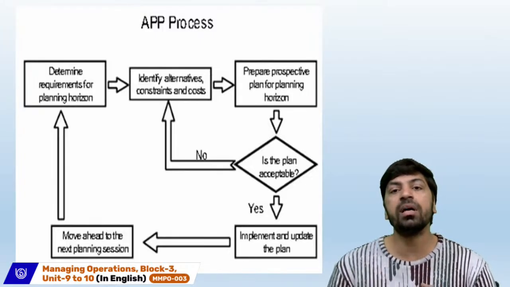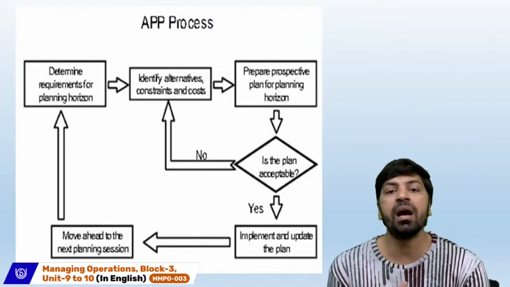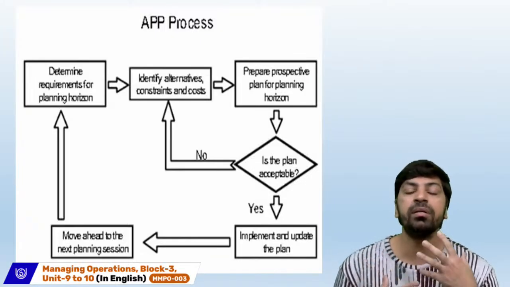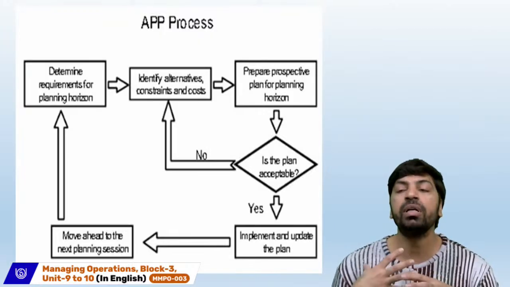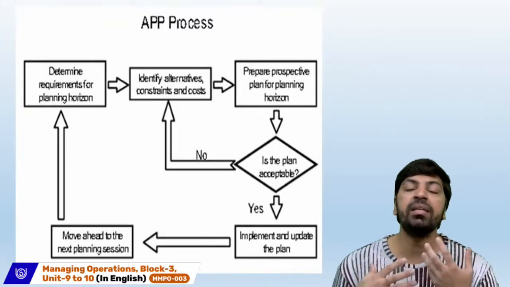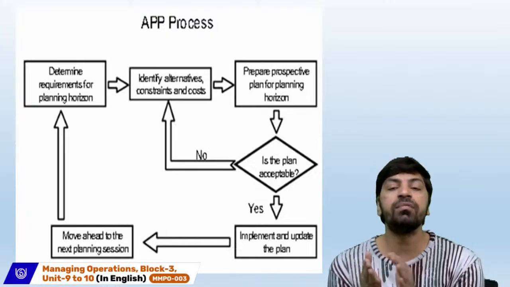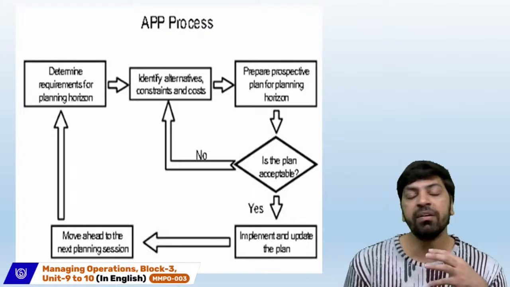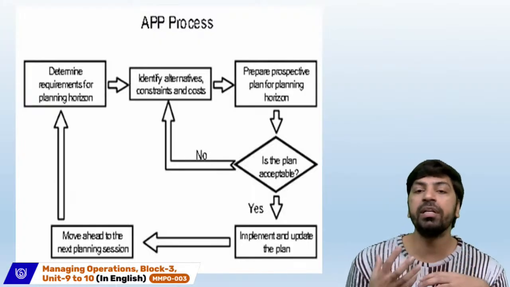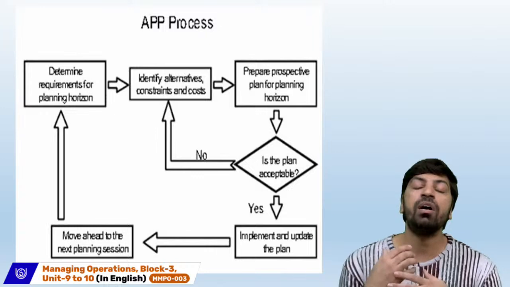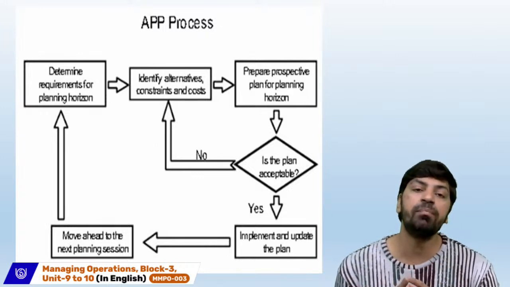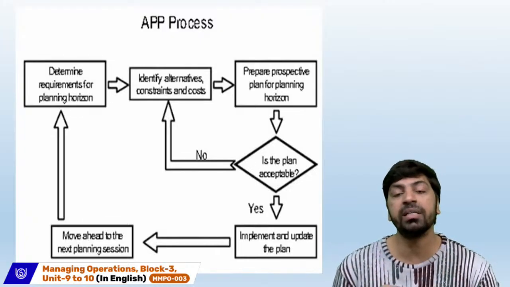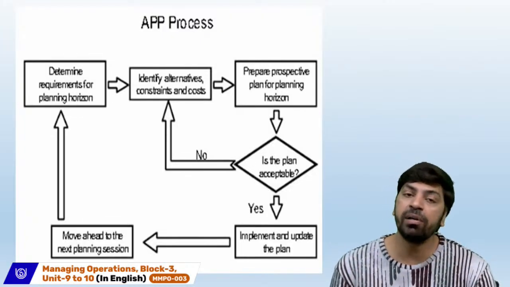So once we implement and update the plan, if the plan is acceptable, then move on to the spreadsheets to check and monitor the plan, whether it is working, whether the performance of the plan is actually good or not. If, according to the spreadsheets, the plan works well, then absolutely it is acceptable by the organization.